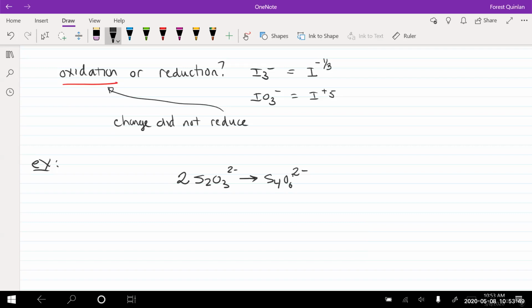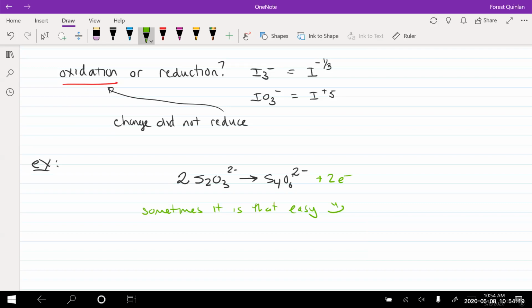And then we balance charge. So we need to add 2 electrons on the right, right? Well, that was easy. Yeah. Sometimes that easy, guys. Even though we have all these steps, if you don't need to do something, don't do it.